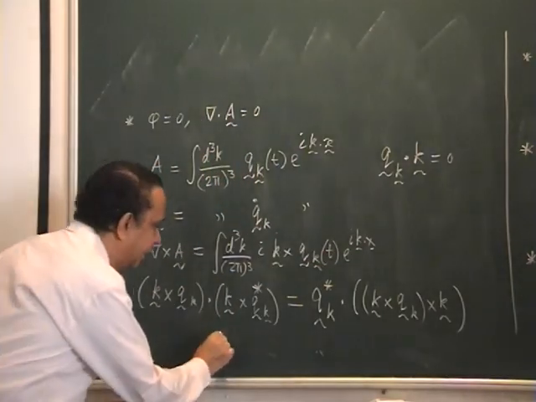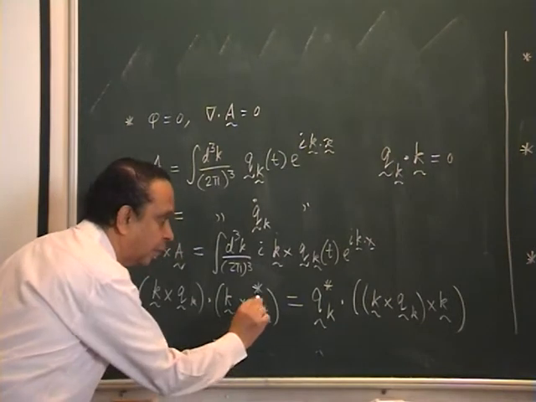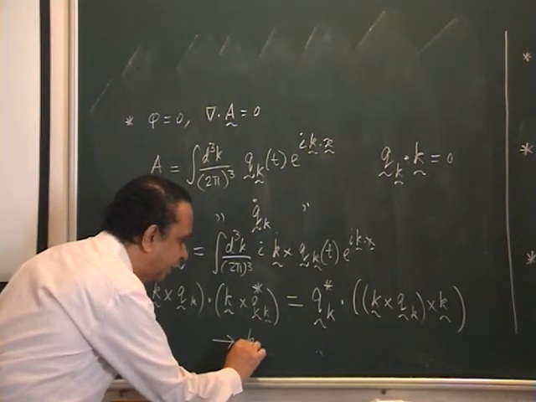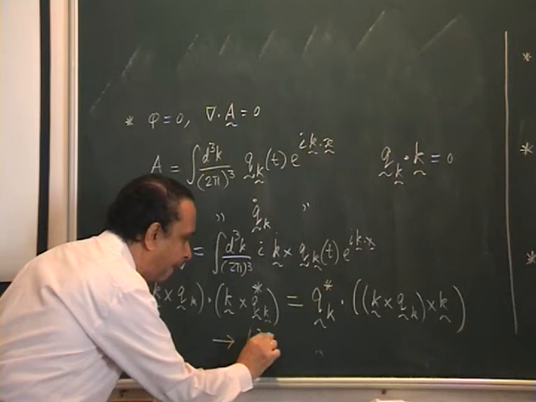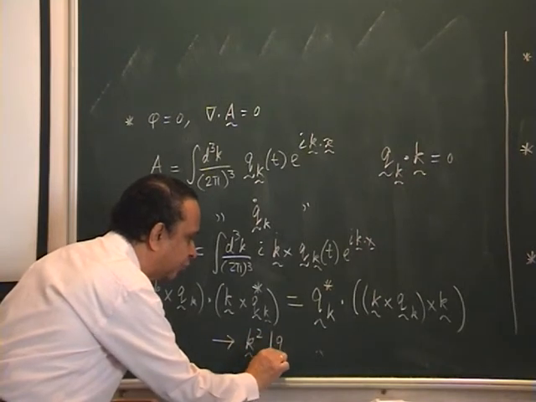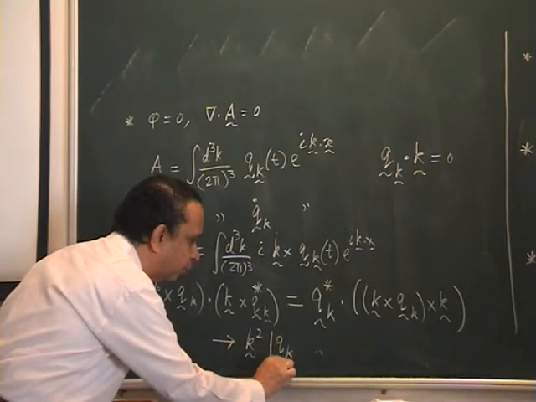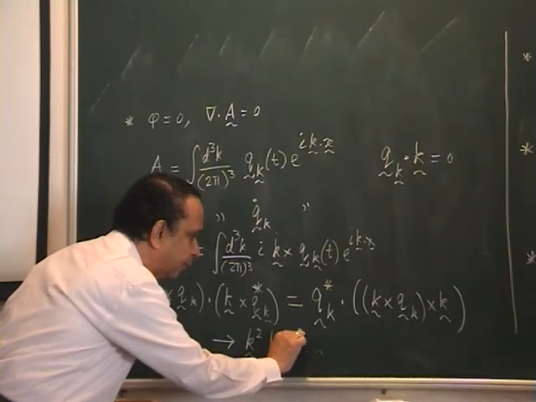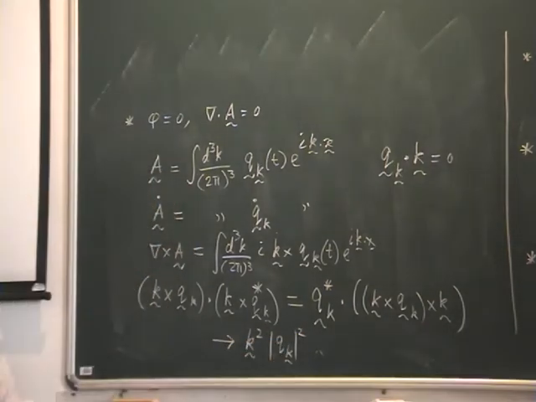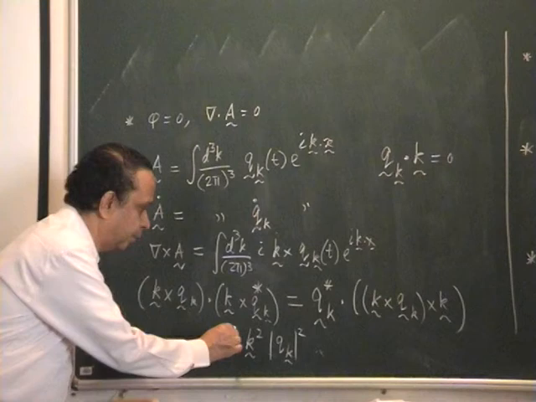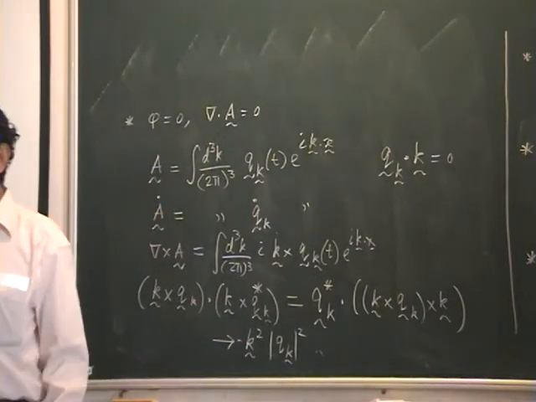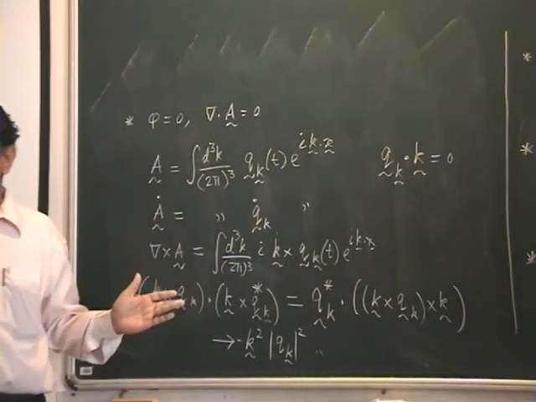So you end up getting essentially a term which goes as k squared mod q_k squared with a minus sign. And this is exactly what you want.